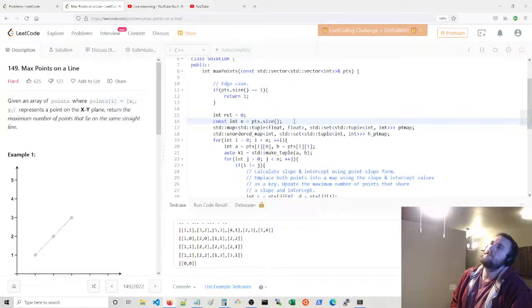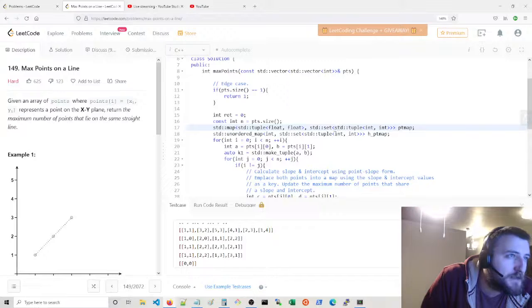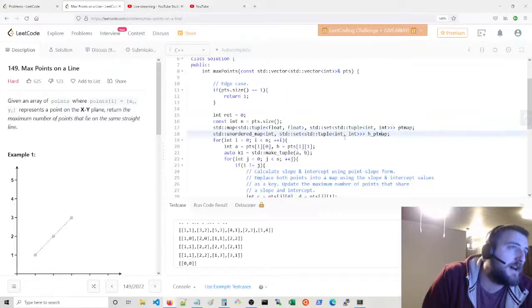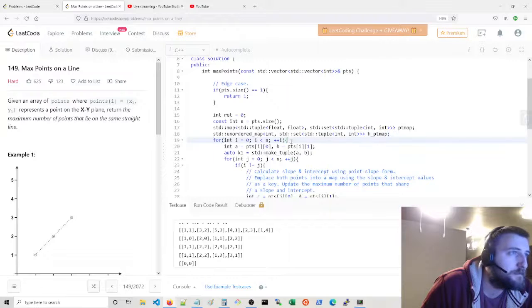I think you're kind of stuck with the intercept itself also being a double or an int. So you could at least have a tuple of ints here instead of floats. And then this would be an unordered set of ints as well. I don't think that really helps that much though. I still think it's going to be relatively slow. Yeah, unfortunately.